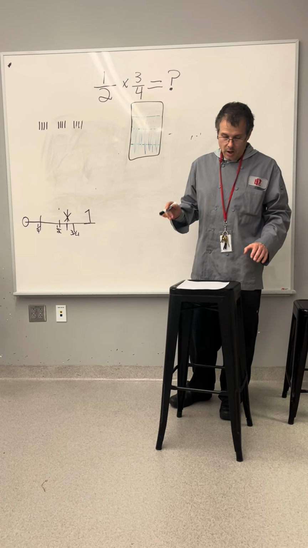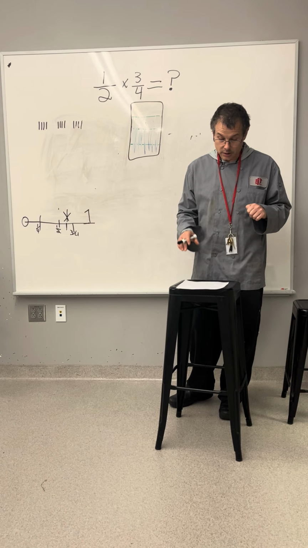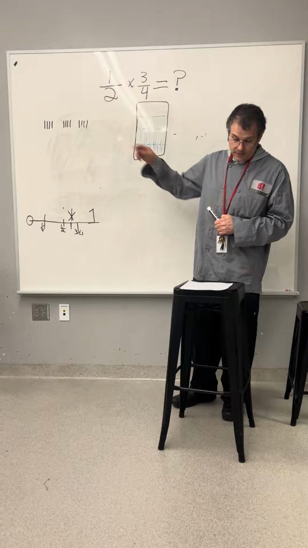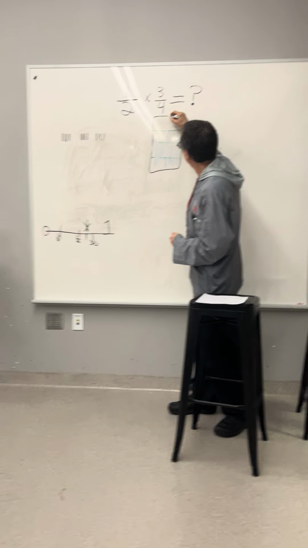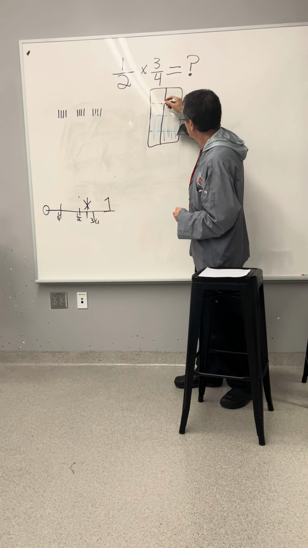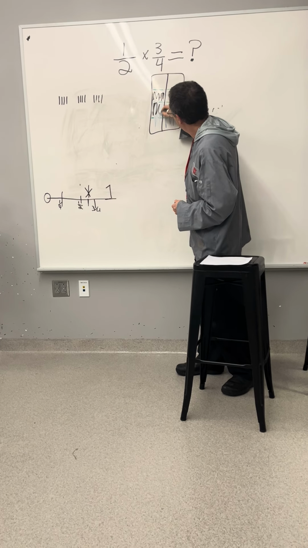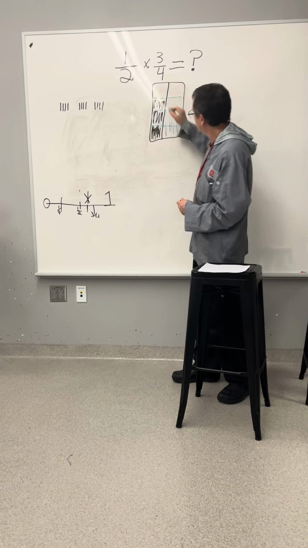All right, now let's see the answer. So don't just trust the rule yet. Okay, we shaded 3 of them, that's our 3/4. Now we need half of that shaded area, because that's how much we're willing to give to our little sister, right? So we put a line down the half, and of the half that's remaining, we shade in how much we're willing to give our sister, right there.